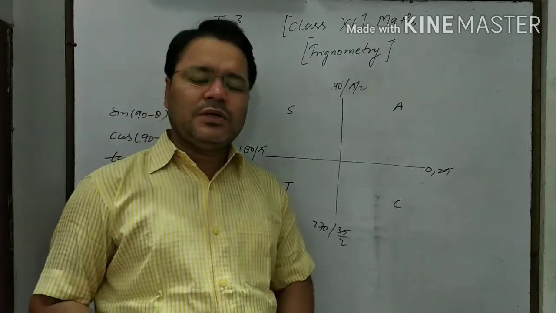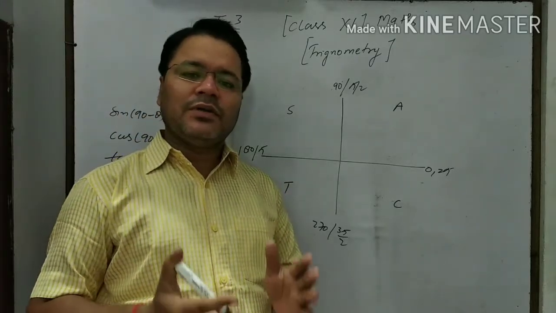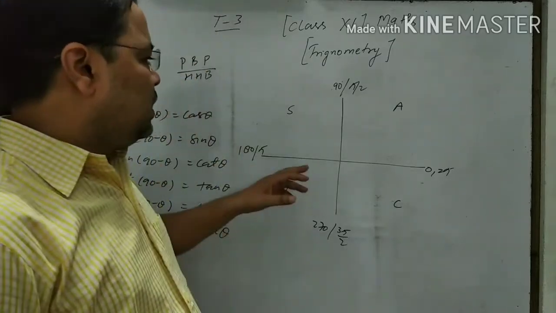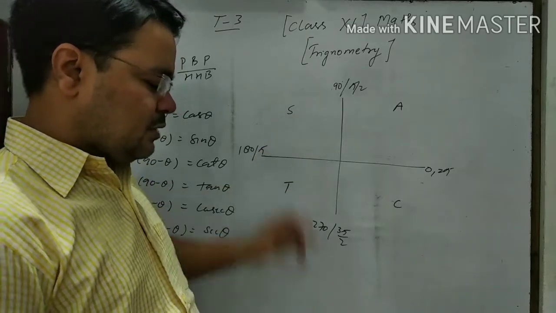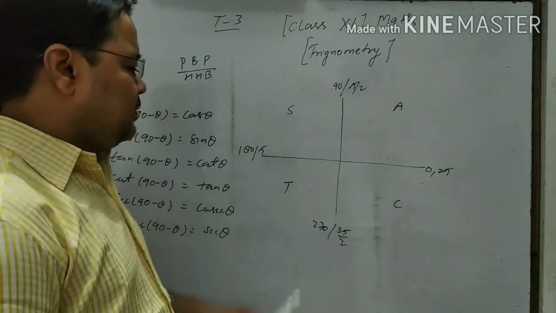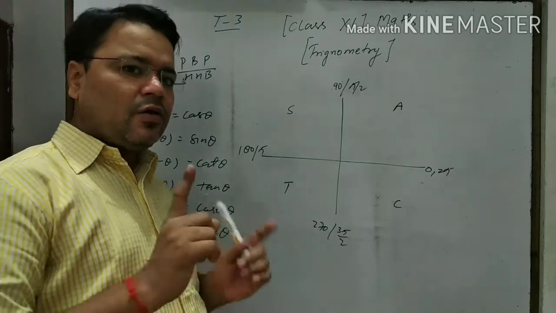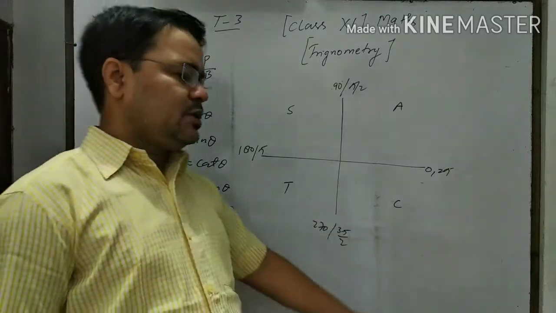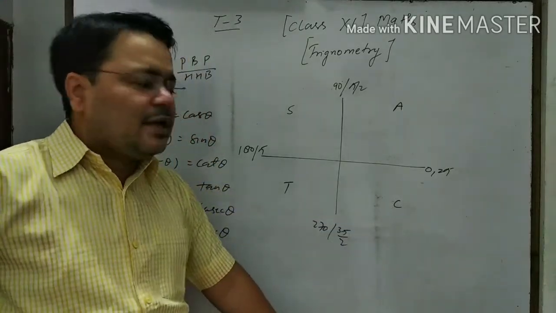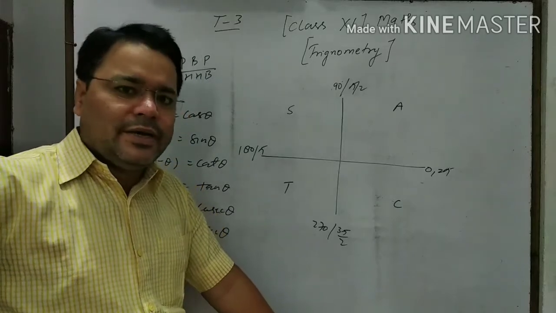All positive means the values of all trigonometrical functions are positive. S means sine and cosec are positive and others are negative. T means tan and cot are positive and others will be negative. Here C means cos and sec are positive and others will be negative.